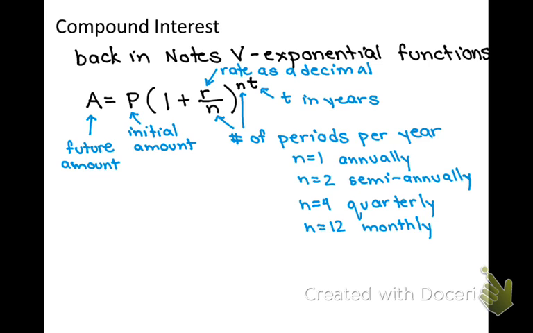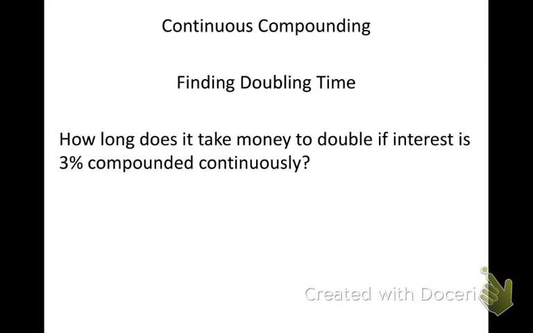Okay, so just a little refresher there, but make sure if you want to peek back at an example again that you look back in Notes V. Now in addition to compound interest, we also have what's called continuous compounding.